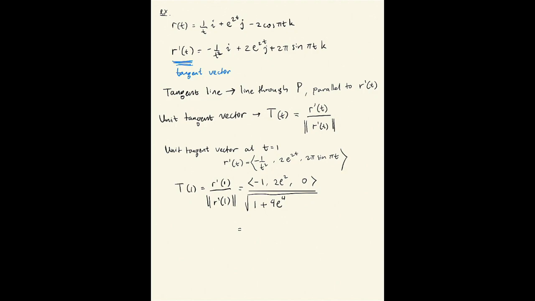I prefer not to calculate that much. I hate the decimals, so let's just write the answer as this. So this is the unit tangent vector at t equal 1.